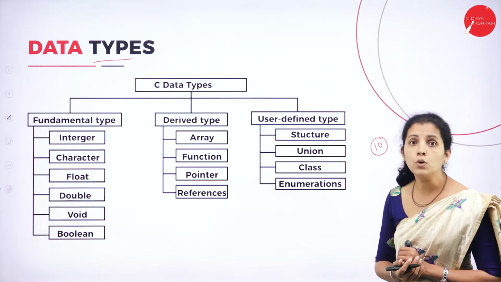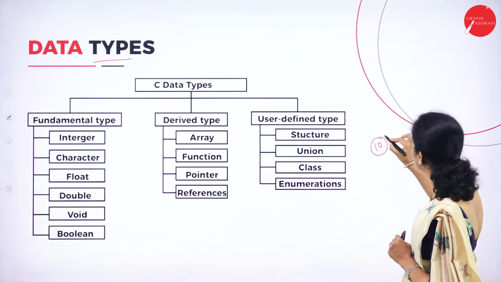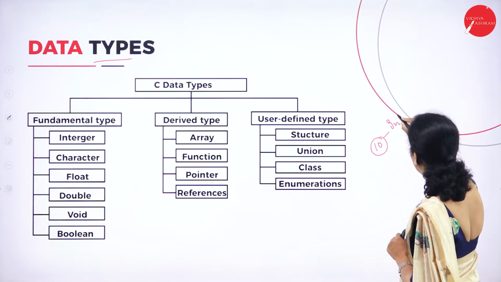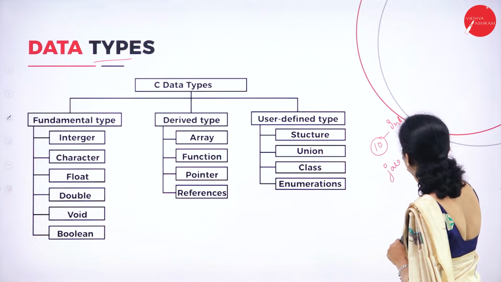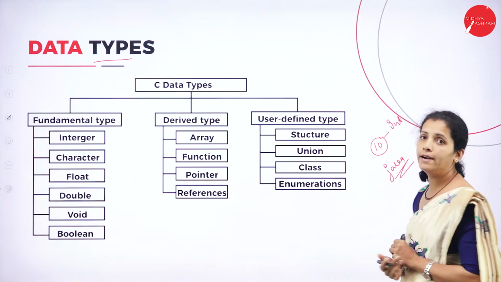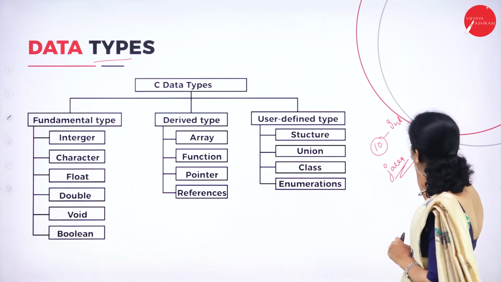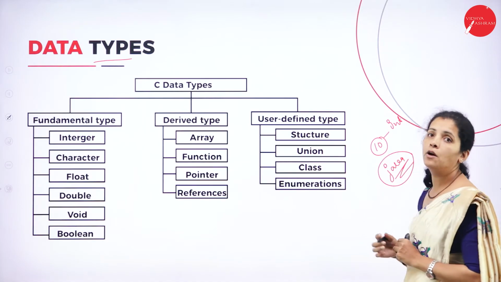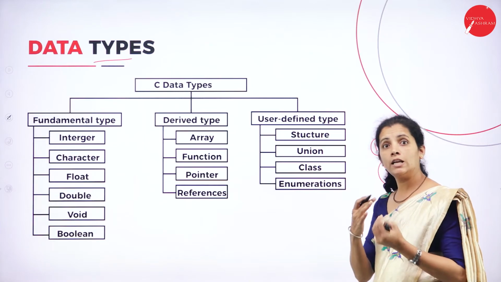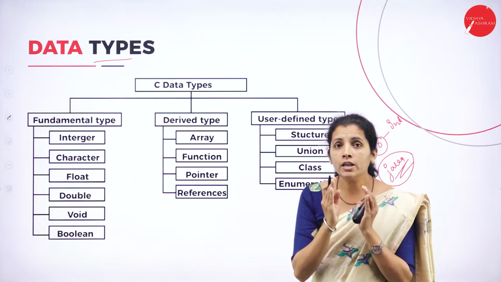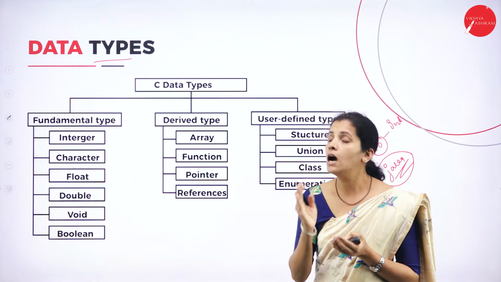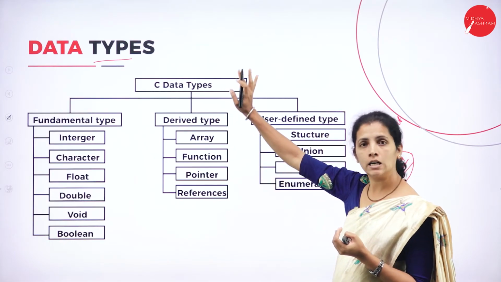It is nothing but a whole number, an integer. And if I am having Java, it is another kind of data. It is nothing but a string, a collection of characters. To identify a particular type of data, I'm going to have data types.